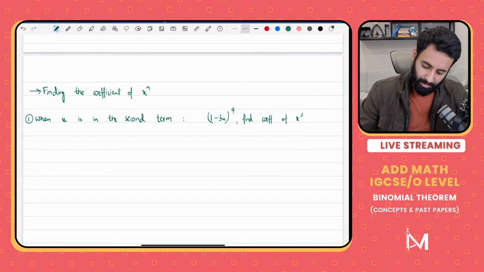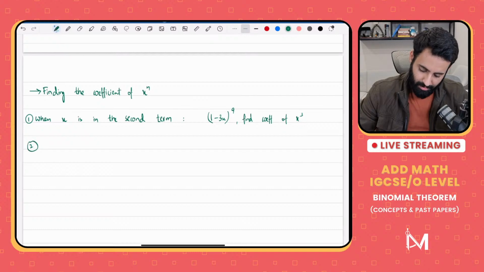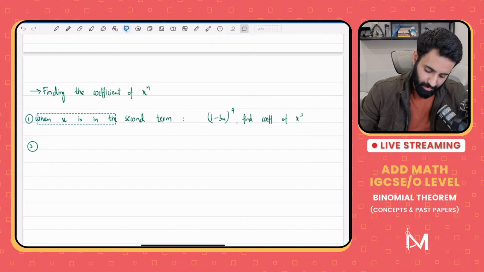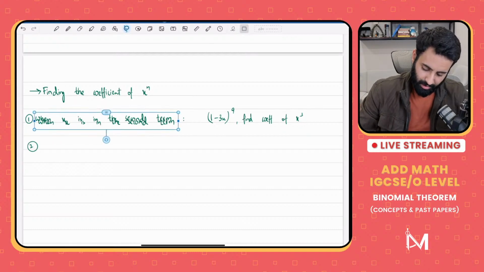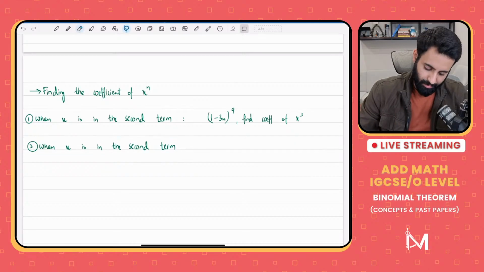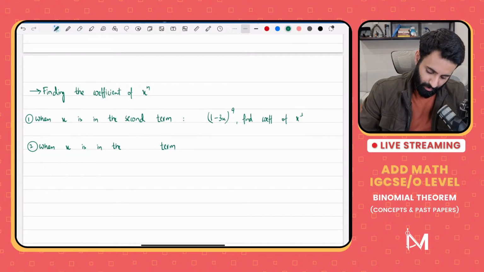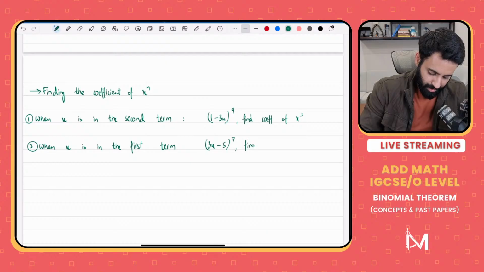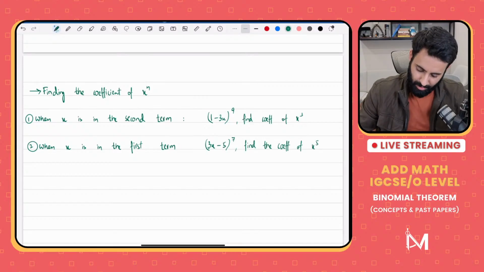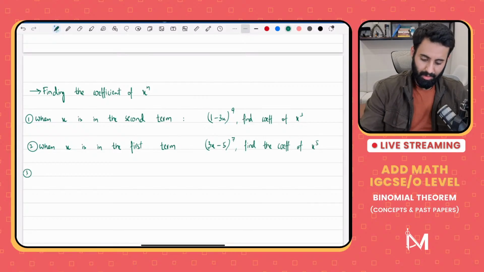Then you have a second possibility where x is in the first term. Like for example, you might have 3x minus 5, the whole thing power 7, and the question says find the coefficient of x power 5. Okay, that's a possibility.